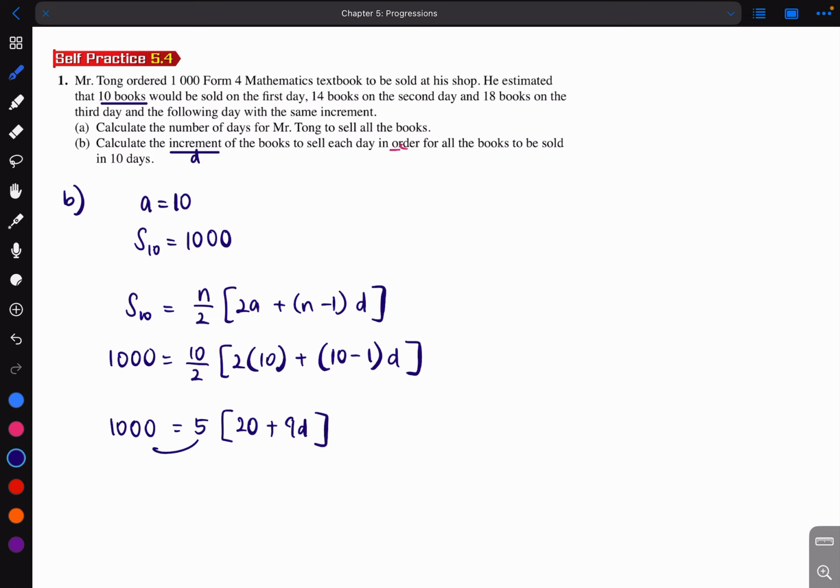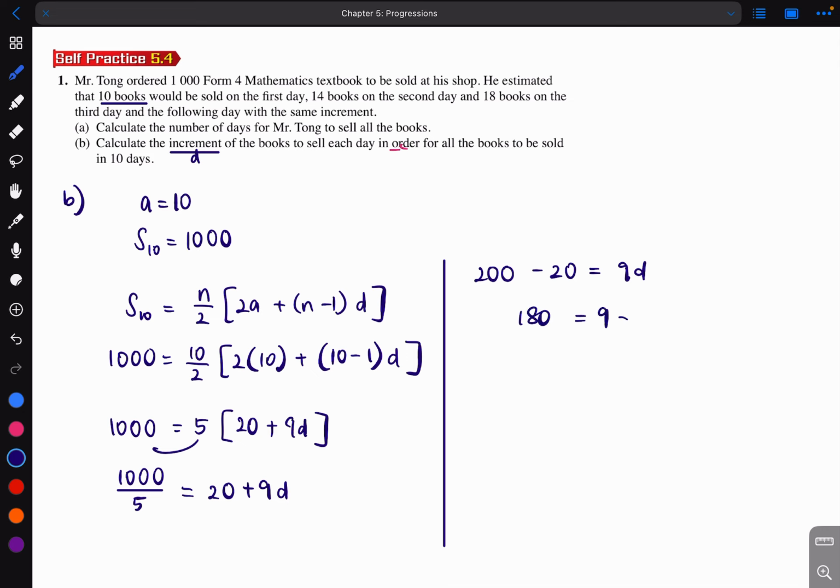Then we bring the 5 here, so 1000 over 5 is 20 plus 9d. So 1000 over 5 is just 200. 200 minus 20 equals to 9d. So this is 180 is 9d. D is 180 over 9. D is 20.